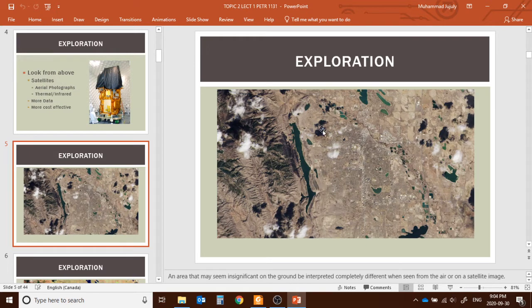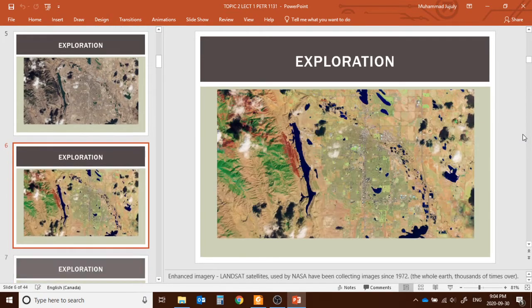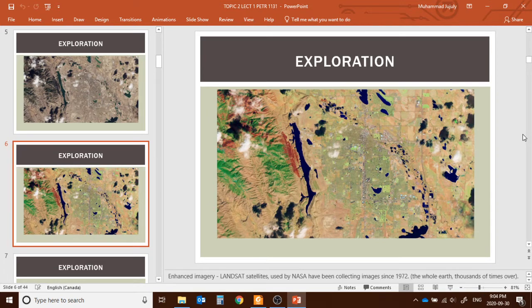So this is a satellite image. If you go to Google Earth, you can see a very similar picture to that. So it saves a lot of our time and lots of resources. This is another enhanced picture using the Landsat satellites.